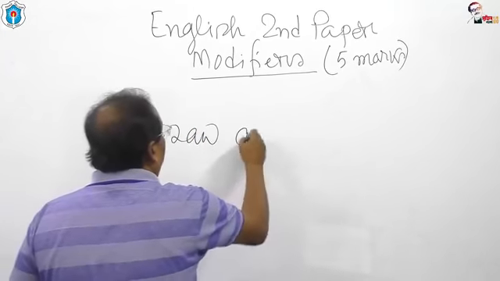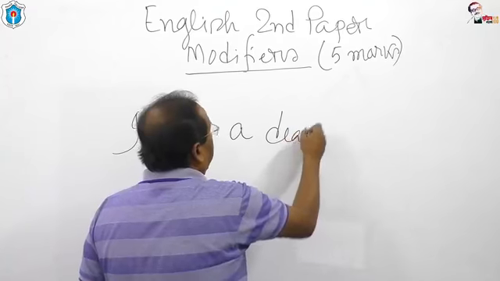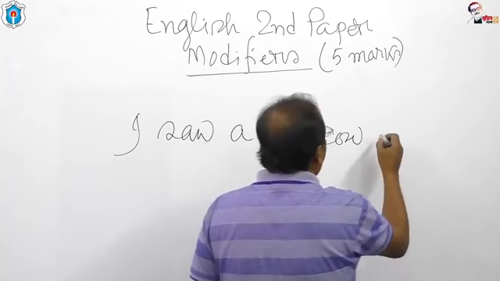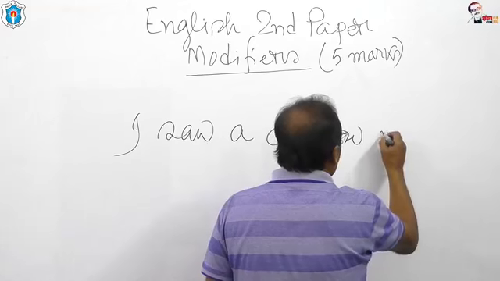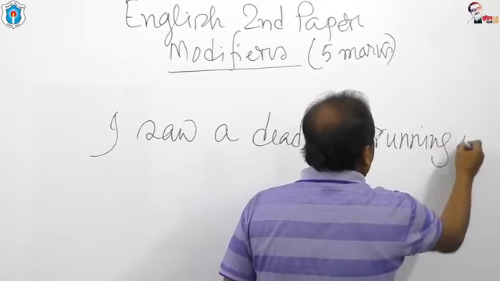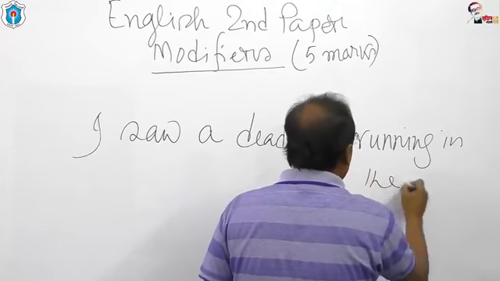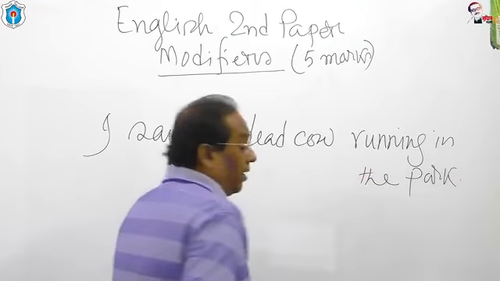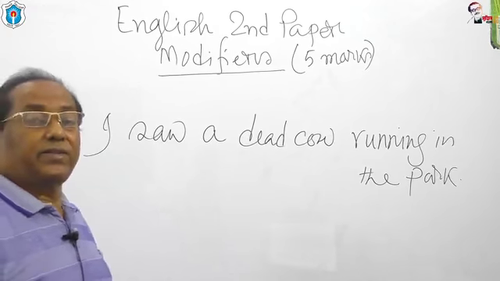I saw a dead cow running in the park. Look at this sentence.